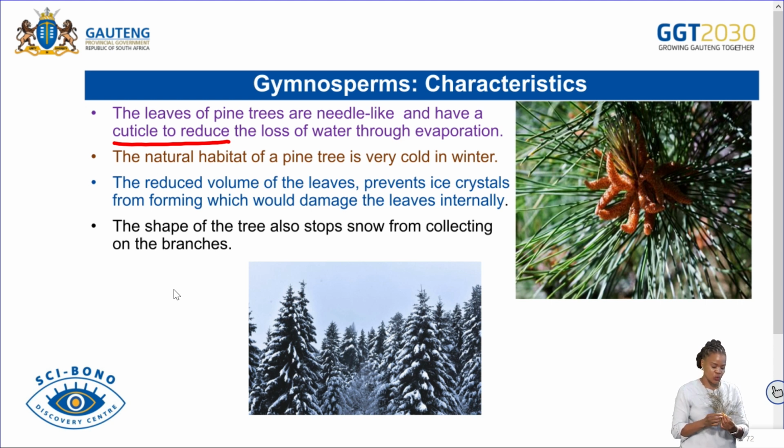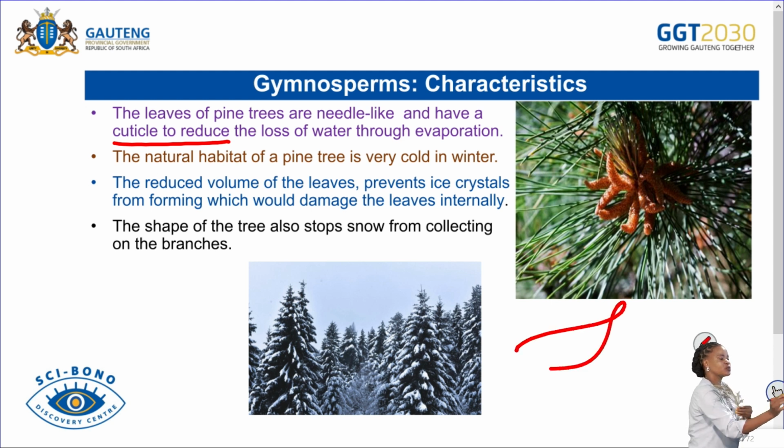So when we look at these leaves, we can agree that they have a needle-like shape. They are unlike the other leaves that we usually see. They are different, but they are needle-like. That's why they are so many.